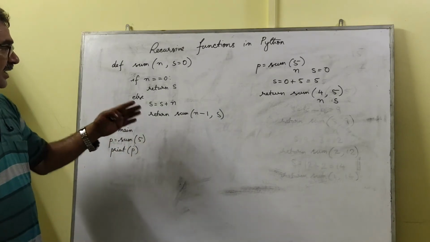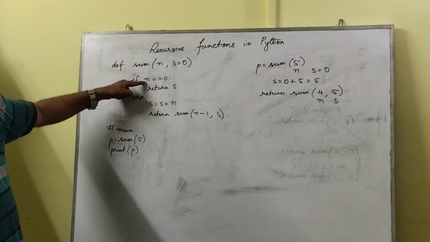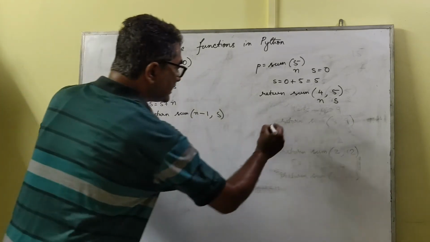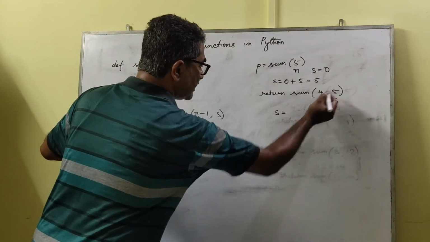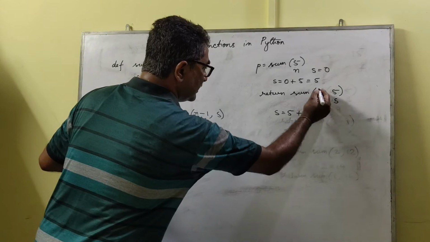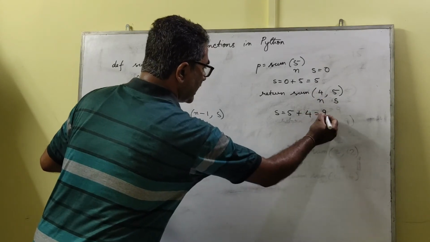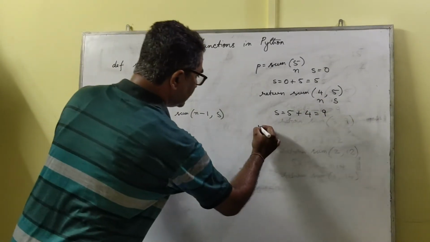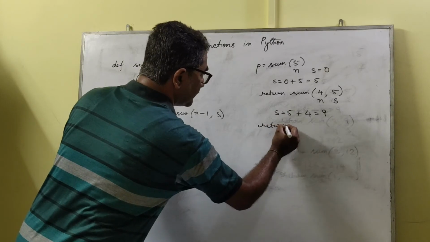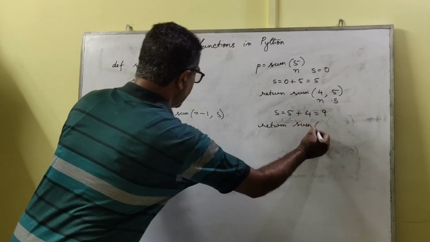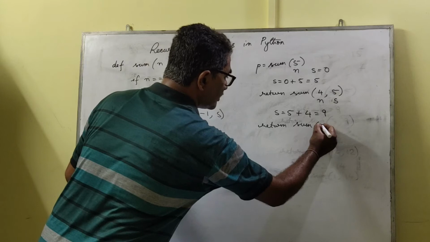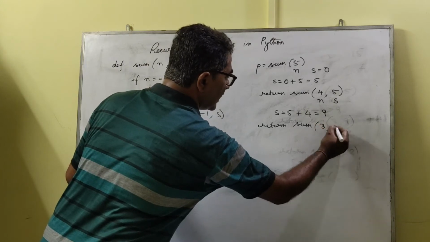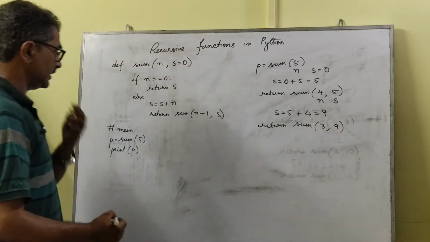Now let's carry on. Once again n is not 0, so once again out here s equal to s, this time the value of s is 5 plus n, that is 4, which happens to be 9. And once again return sum n minus 1, here n was 4, so 4 minus 1, that is 3, and s, which happens to be 9.